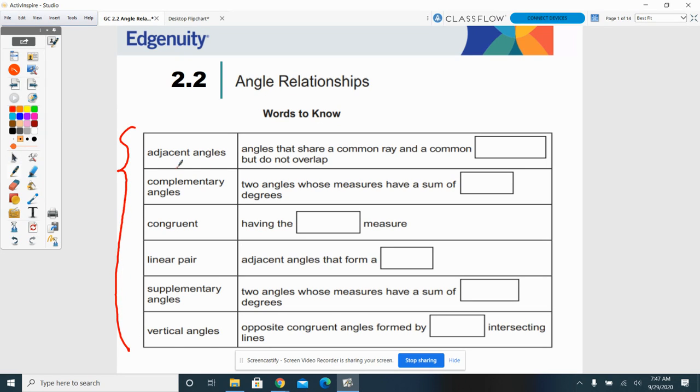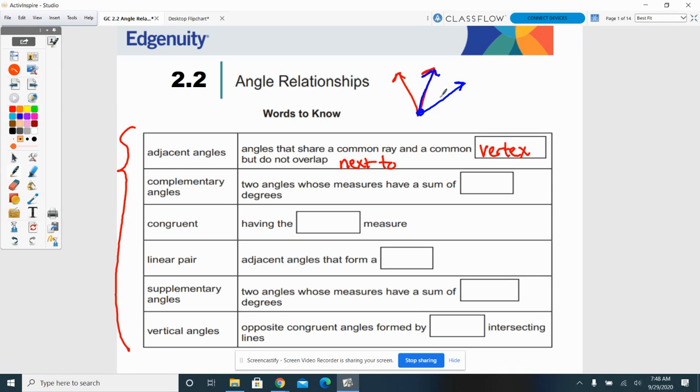Adjacent angles are angles that share a common ray and a common vertex. We said that those guys were next to each other, remember? So we were talking about angles like this. Here's an angle. And then if I make a blue angle, it has to share a side and a vertex. So it has to share a ray and a vertex.